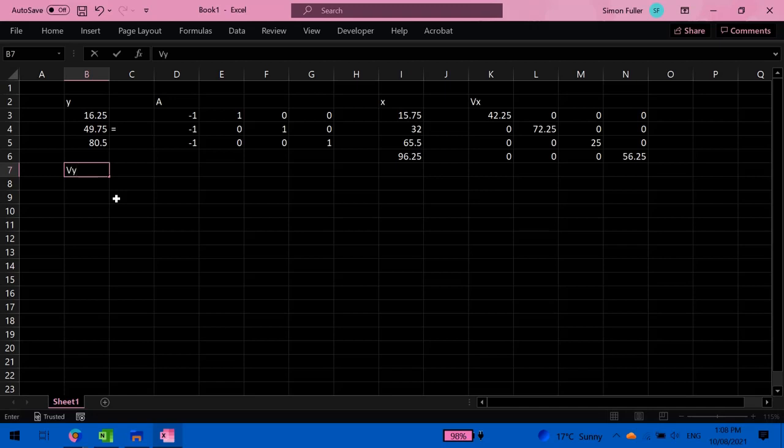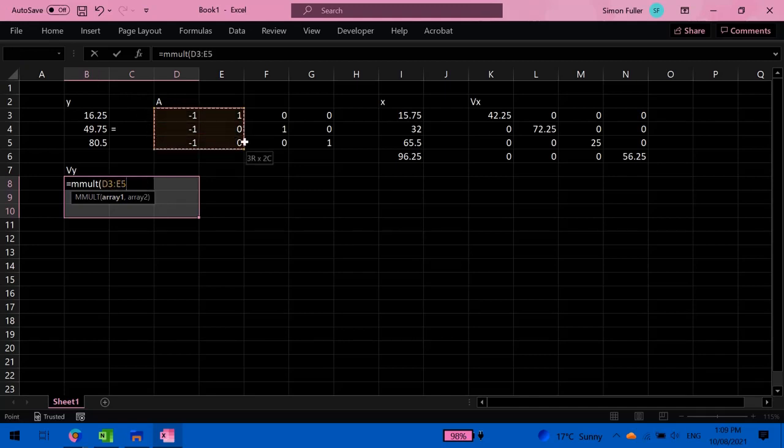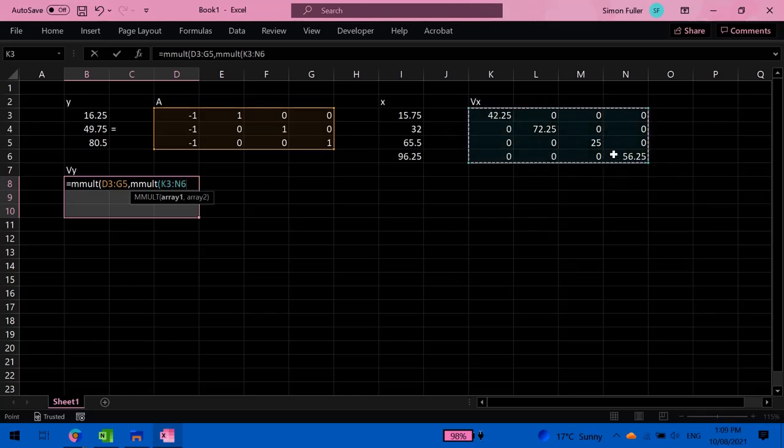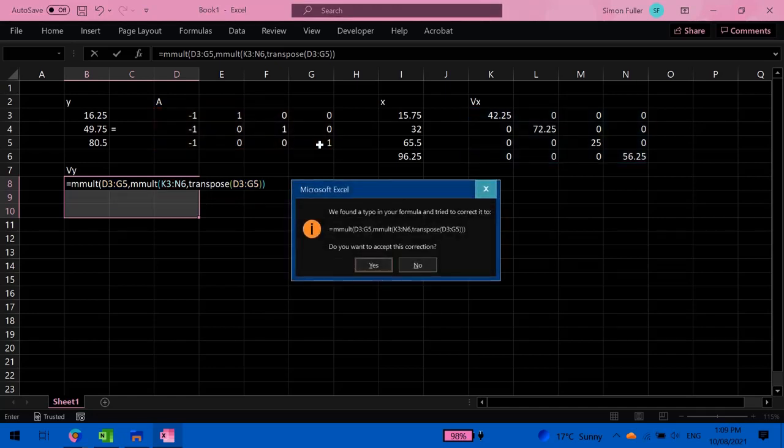Now we have three internal angles, so our variance covariance matrix for our internal angles will be 3 by 3, and it is the matrix multiple of our A with the matrix multiple of Vx with the transpose of A. Close off all your brackets there and Control-Shift-Enter to fill up your matrix.